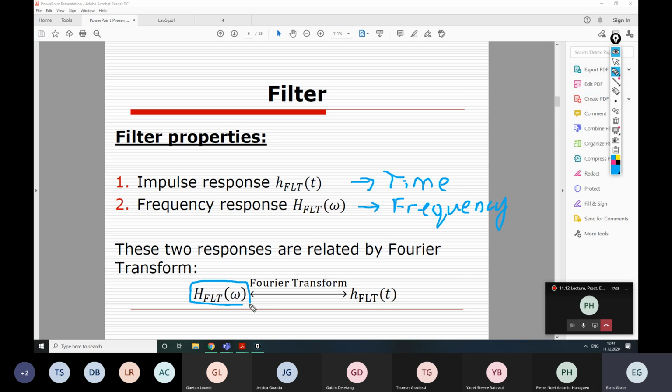If, however, you have some desired frequency response, for example, you are prototyping some kind of filter and desire to create a filter with such a frequency response, then you can find what impulse response it will have by calculating the inverse Fourier transform of this frequency response, and then you will get a time function, which is the impulse response. So they are interconnected and form a unique pair.